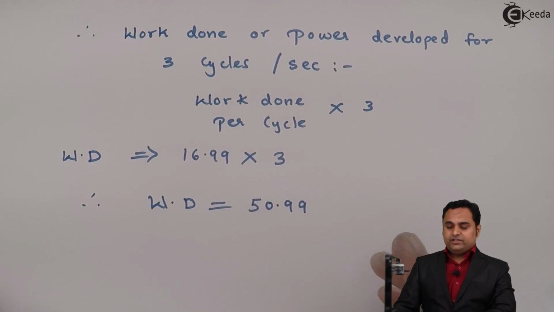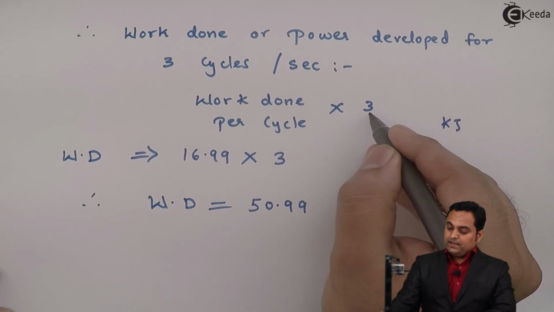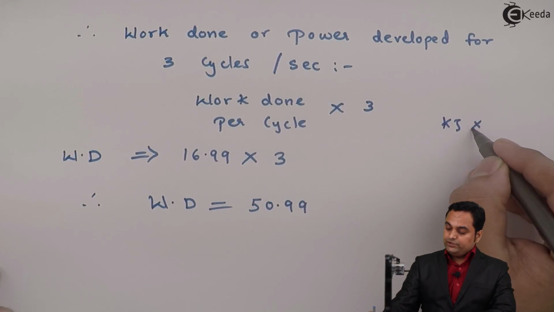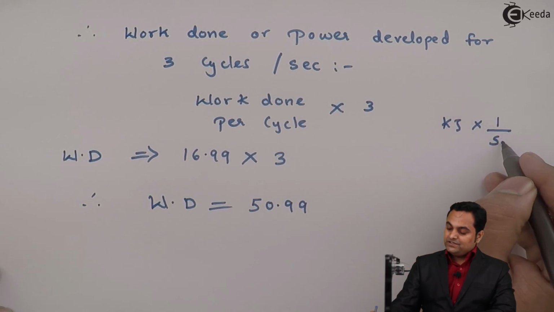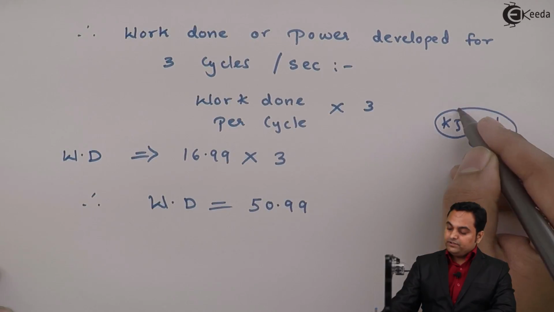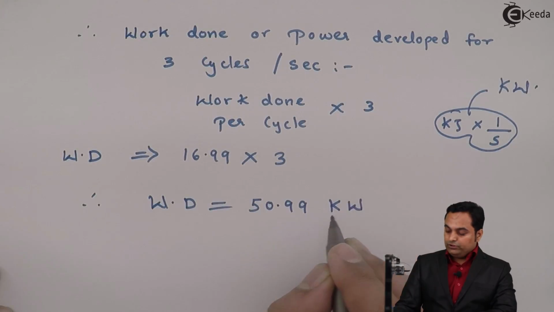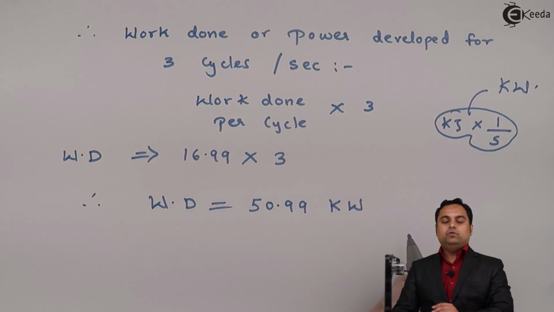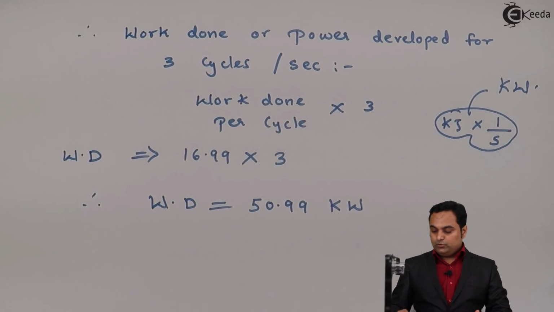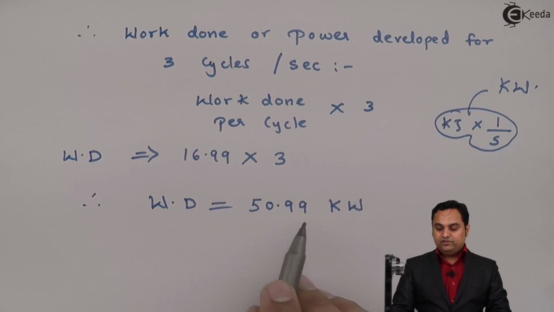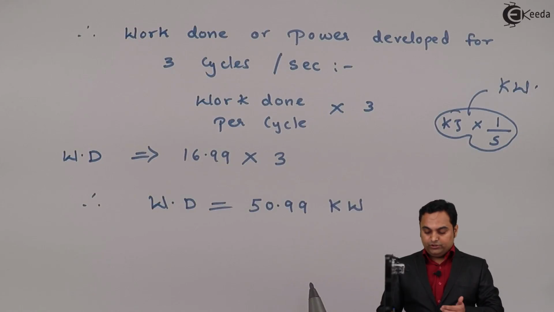If we check the unit, work done per cycle has the unit of kilojoule, and this is 3 per second, so into 1 upon second, and kilojoule per second is nothing but called kilowatts. In order to get the unit of work done or power in terms of kilowatts, that is why we had used mass here, because kilowatts is the unit of power.